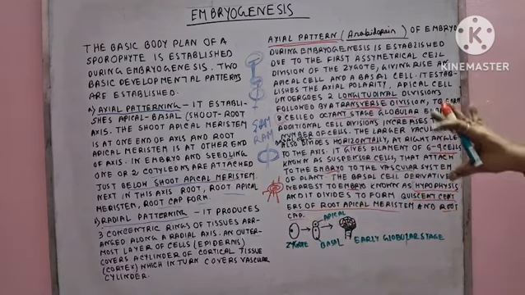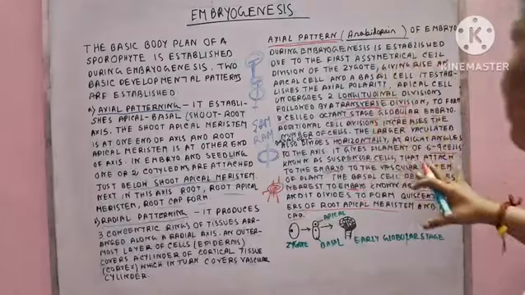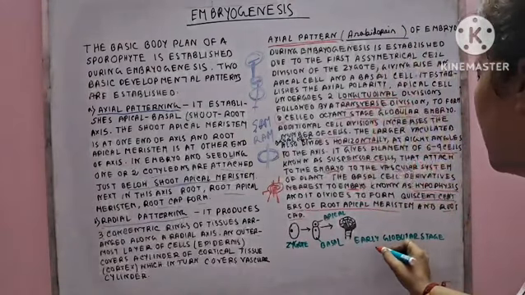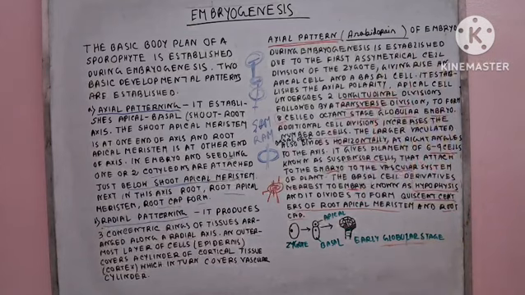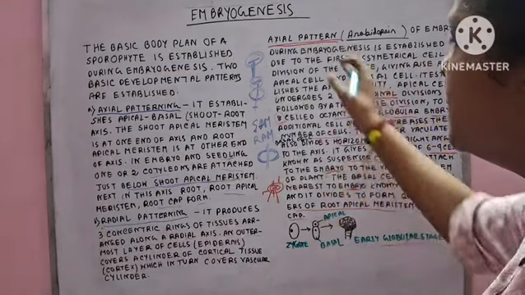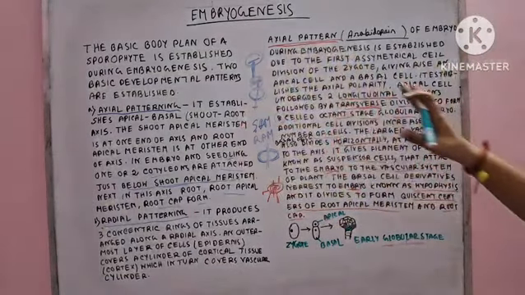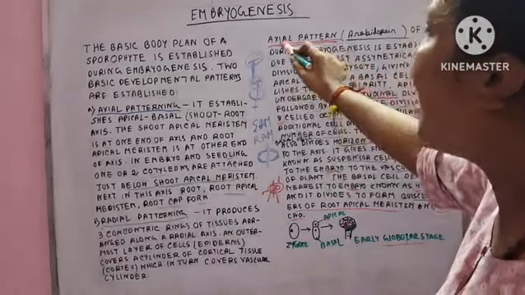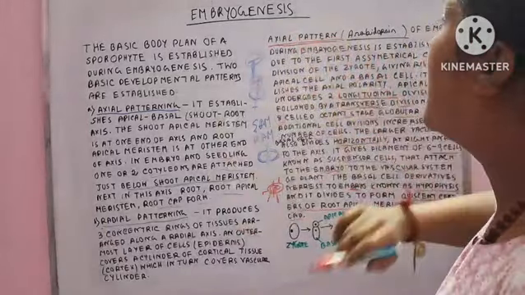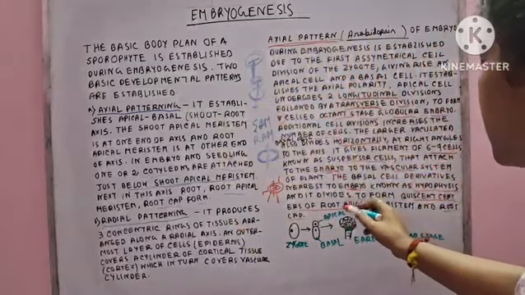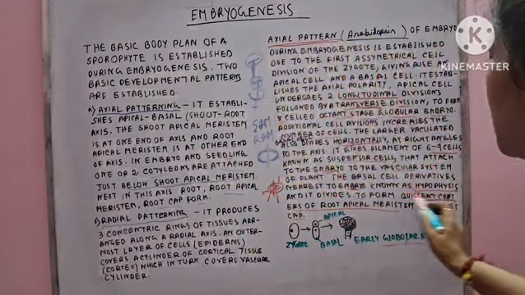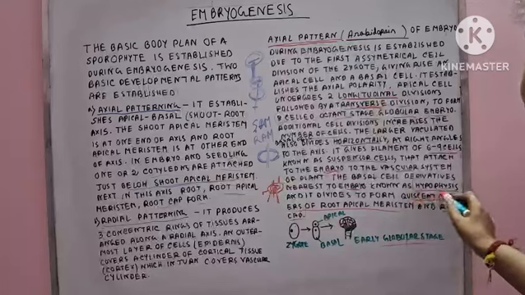So the first part of the axial pattern, how the globular stage is formed, is explained in this video, and this is too large a topic, how the root apical meristem and the root cap form from the quiescent center.